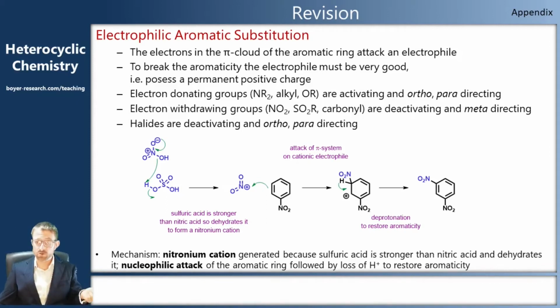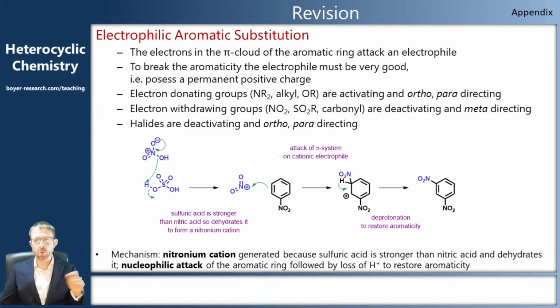So in the case of nitration, what we have is sulfuric acid and nitric acid, and sulfuric acid is a stronger acid than nitric acid, and so it dehydrates the nitric acid to form the nitronium cation. Because in this example we have nitrobenzene, we get attack of the aromatic ring onto the positive charge on that nitrogen atom in such a way that that positive charge stays furthest away from the nitro group.